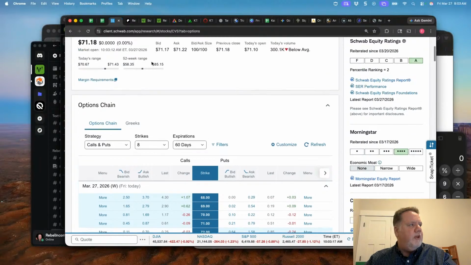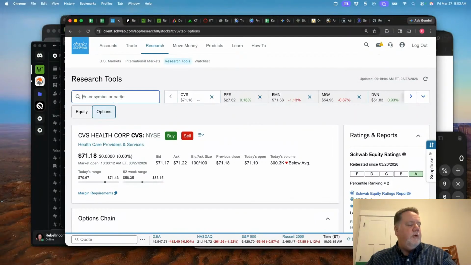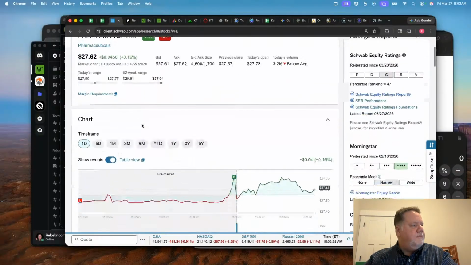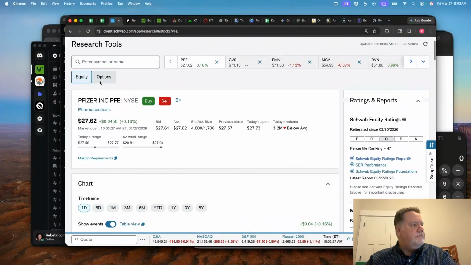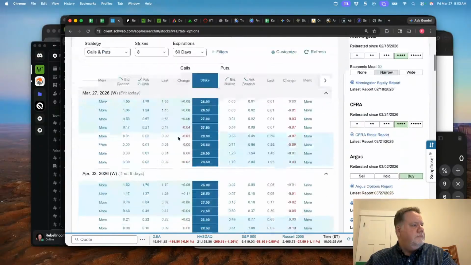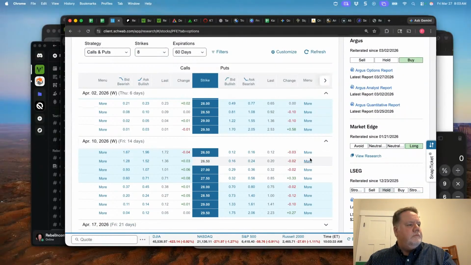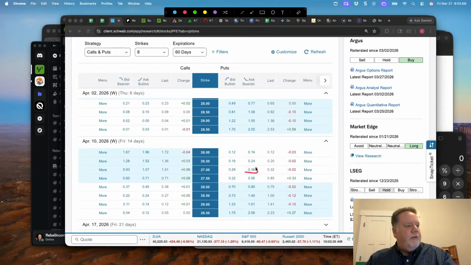There's still a couple of weeks to expiration on this one. Now, if I wanted to buy this back, and I have to pay 36 cents, that's not quite 50%.